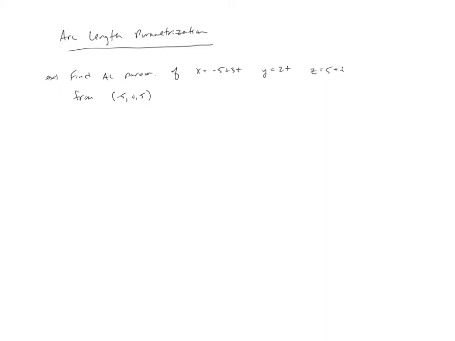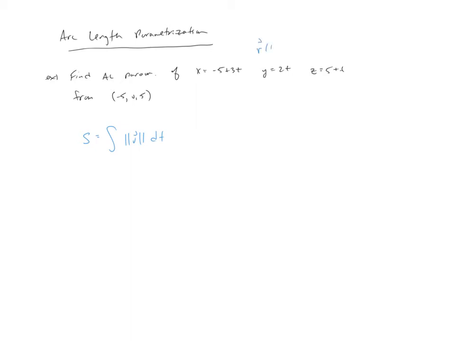Now to do this, fortunately it's not too difficult most of the time. We just need to remember that s is going to be the integral of the magnitude of the velocity vector. Okay, so now don't get weighed down by the notation here.